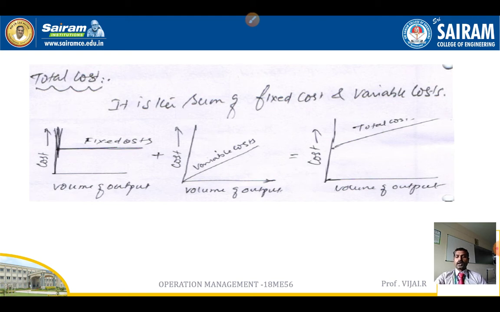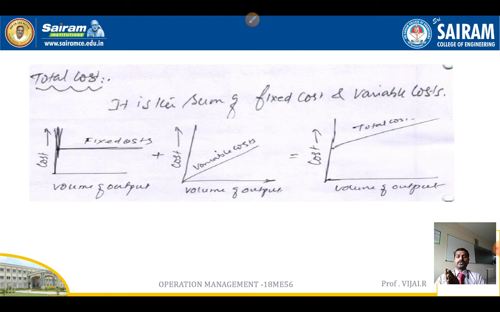If you see the graph, on the horizontal x-axis we put the volume of output and on the y-axis the cost. The fixed cost starts even when the volume is zero, because we have spent some amount on land, machineries, taxes and so on. It is a constant, whether or not there is production.